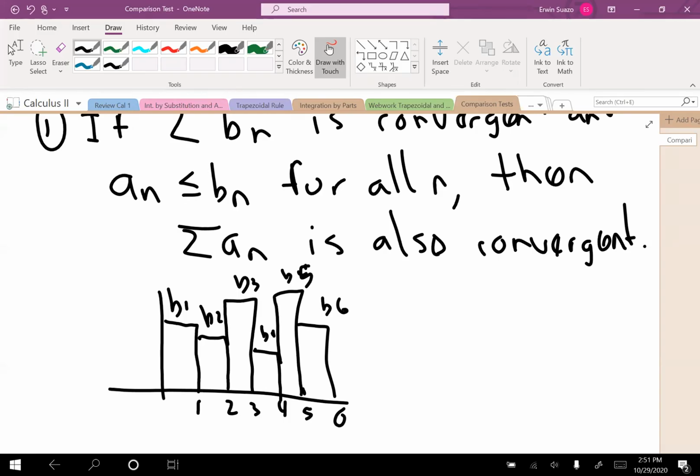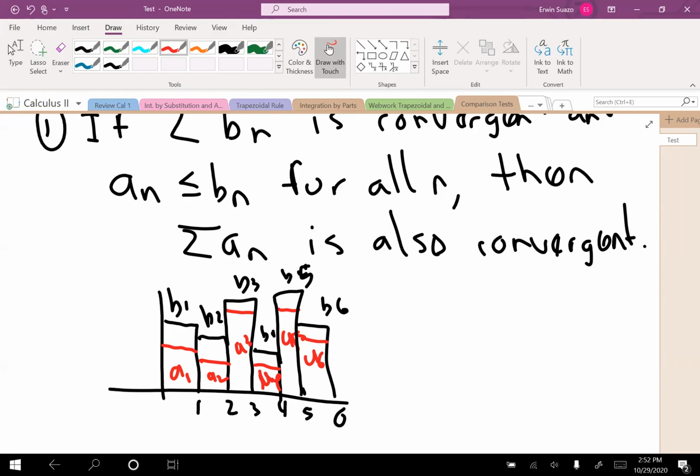This is my series. So A1 is lower. A1 is this one, A2 is this one, A3 is this one, A4 is this one, A5. So for each rectangle, A1, A2, A3, A4, A5, A6, and so on. For each rectangle, B1 is bigger than A1, B2 is bigger than A2, B3 is bigger.